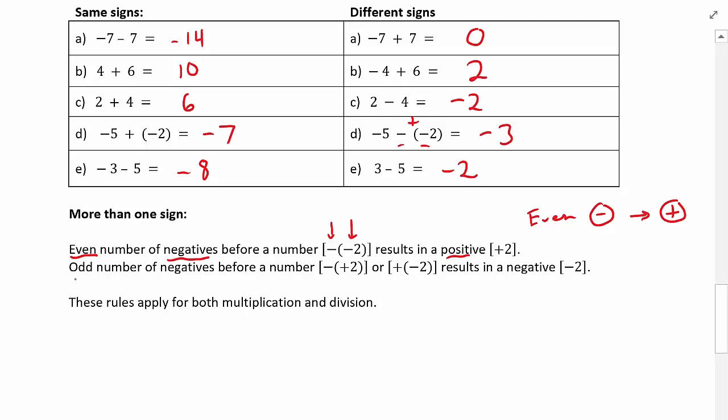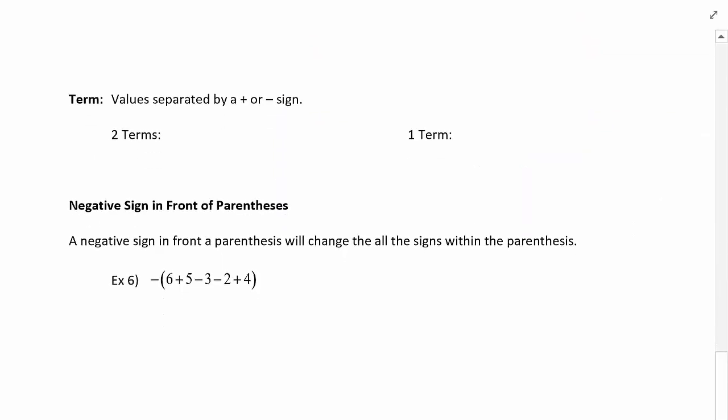On the flip side, an odd number of negatives makes a negative. So we have a negative and a positive, and that is going to be a negative. These rules apply for both multiplication and division. Please note that. Let's move along then.